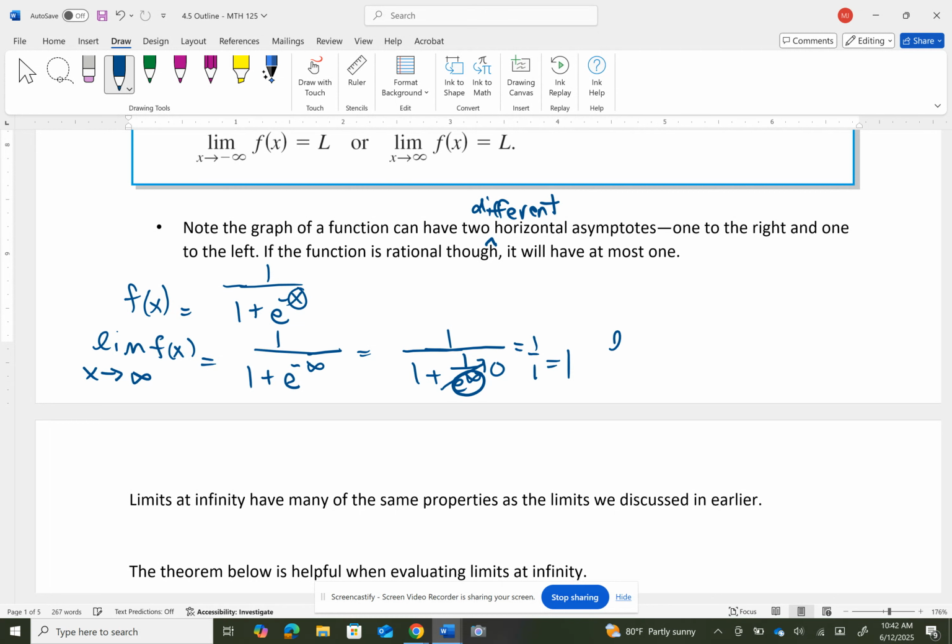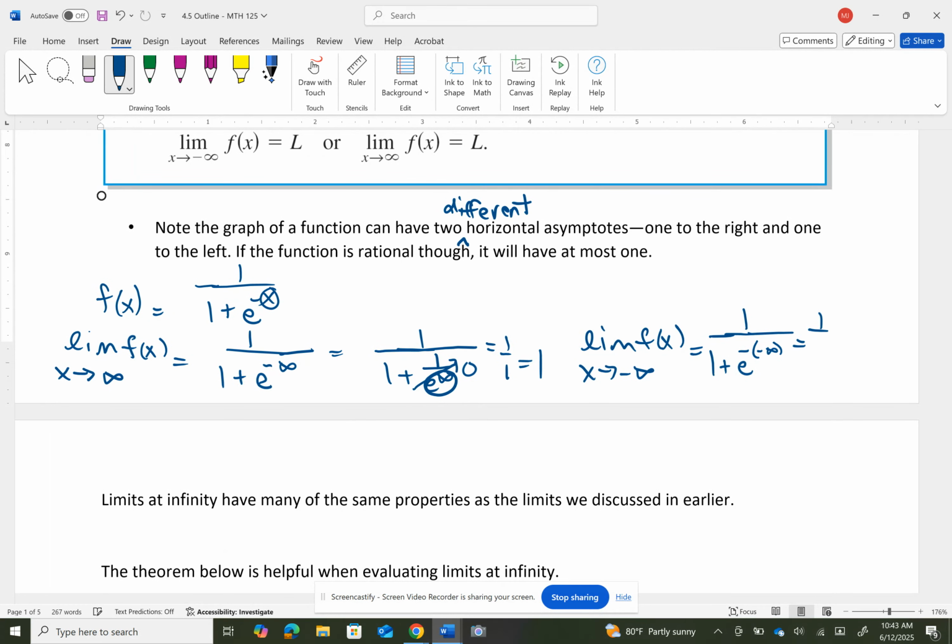But if we look at the limit of the same function as x approaches negative infinity, let's see what happens. When I put in a negative infinity, I wind up having 1 over 1 plus e to the positive infinity. So e to the positive infinity is just getting bigger and bigger, right? e to the positive infinity is infinity. You add 1, you've got infinity.